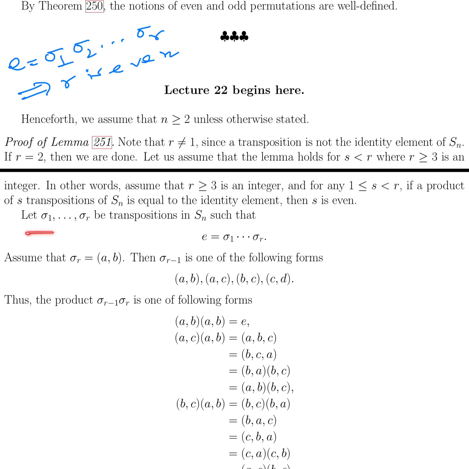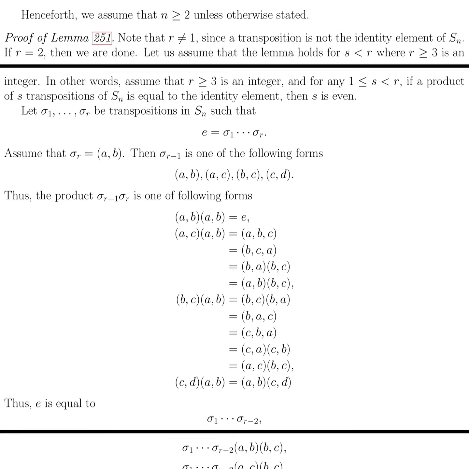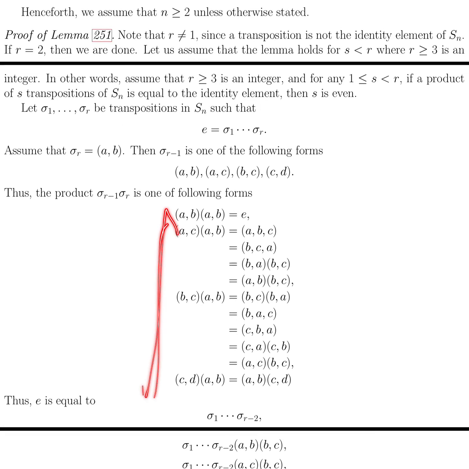Now let's move on to what we are supposed to establish based on this hypothesis. Suppose we have expressed the identity element of Sn as a product of R transpositions sigma 1, sigma 2, up to sigma R. Then we are going to apply a certain standard swapping argument. They are not exactly swapping, but anyway, we'll see.